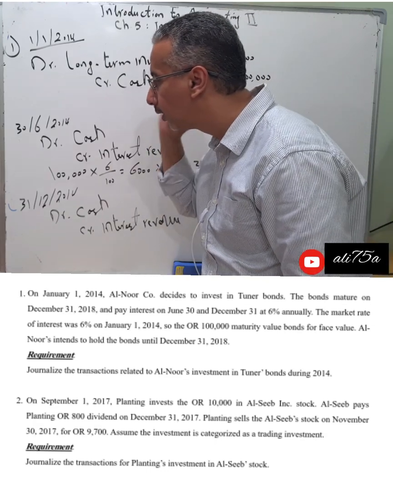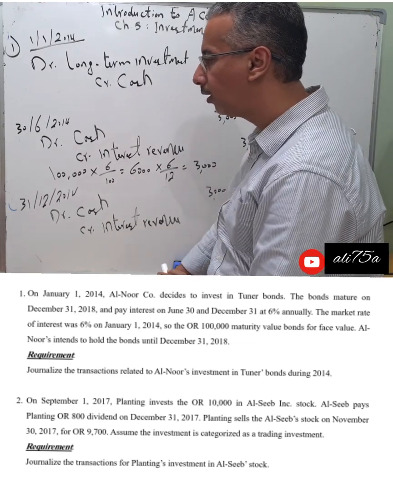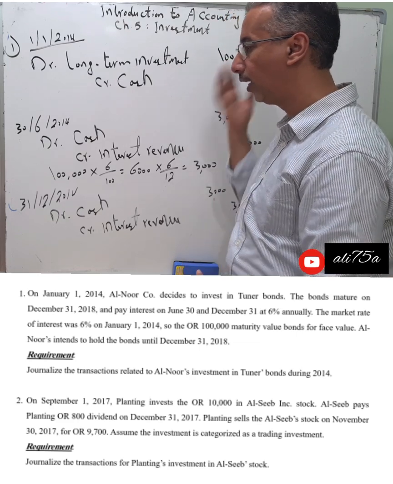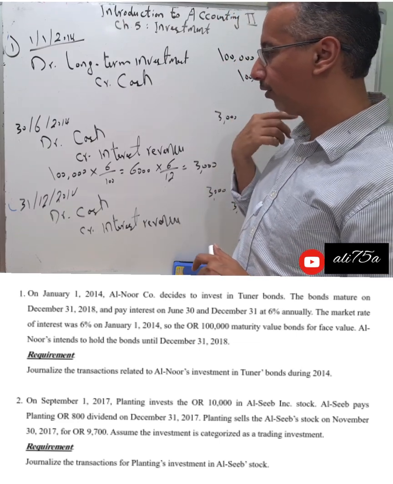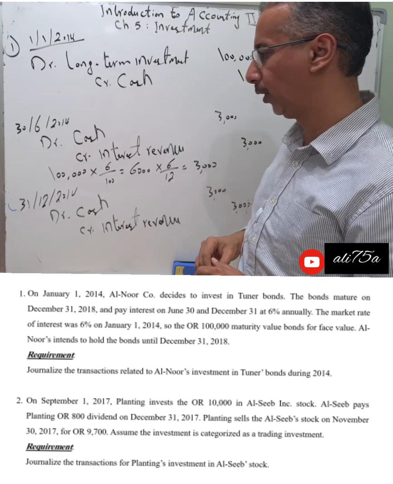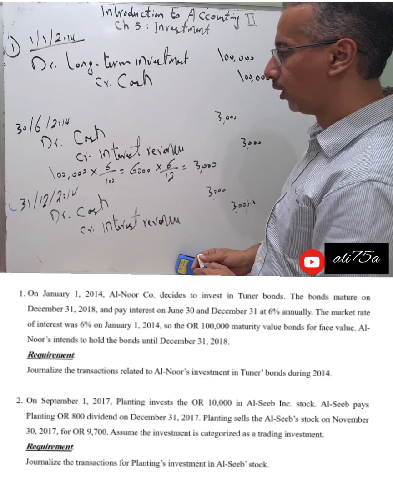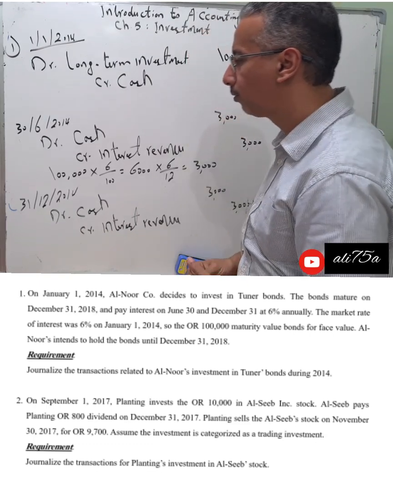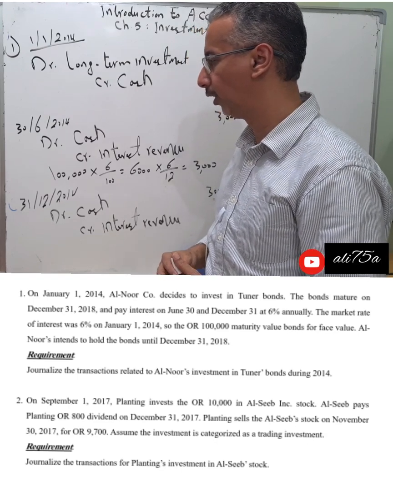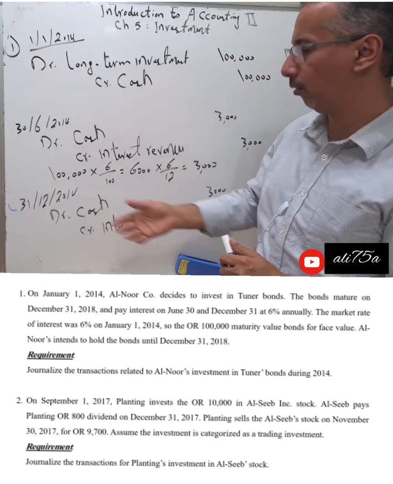All right. Here in exercise 3, on January 1st, 2014, Registry Incorporation decides to invest in 10,000 shares of Safari stock when the stock is selling for 15 per share. They purchase some stock here. Safari declares 0.5 per share cash dividend to stockholders of record on July, to be paid in August.